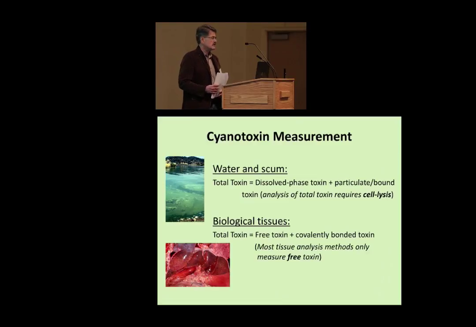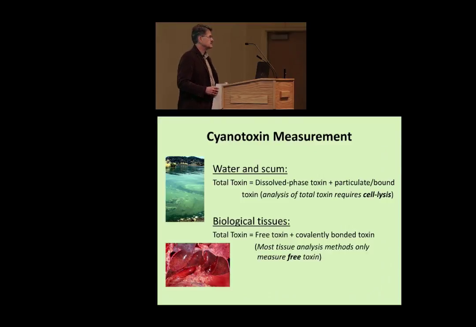For water and scum, the total toxin is equal to the dissolved phase toxin plus the particulate or bound toxin. And the analysis of the total toxin, which would be the worst case, requires cell lysis. And that can be done chemically or mechanically, either by sonication, or it can be achieved by doing freeze-thaw cycles.